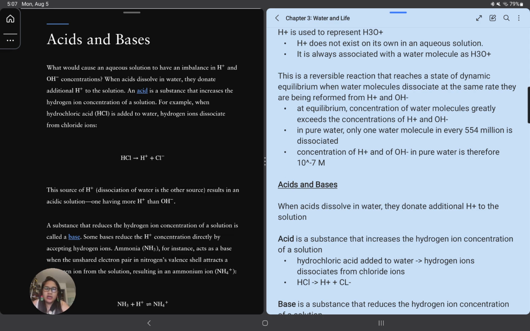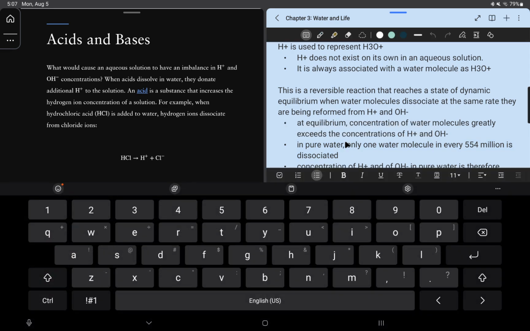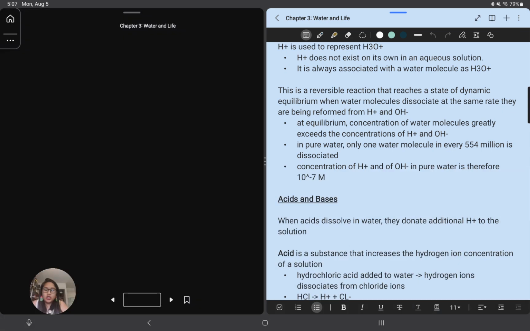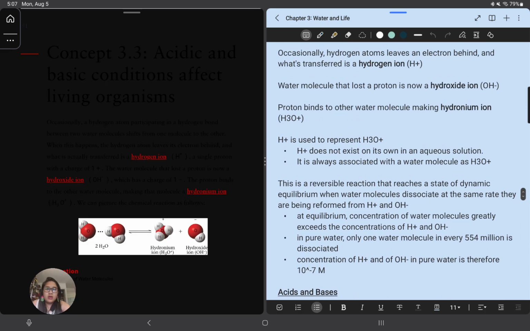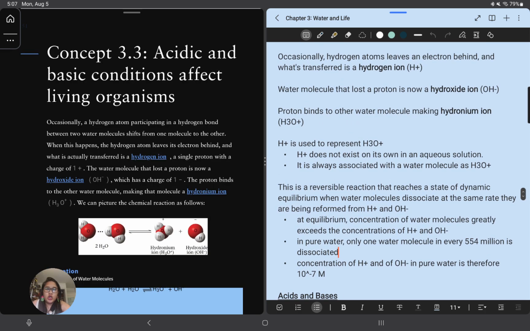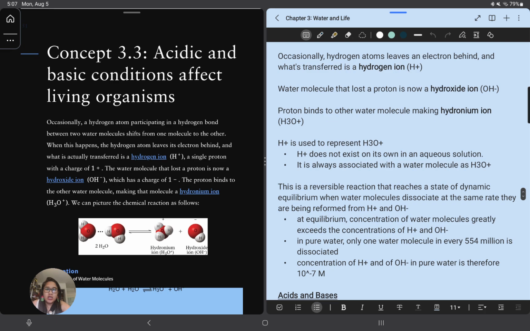So this part here, in pure water, only one water molecule in every 554 million is dissociated. I'm trying to wrap my mind around what this means. I'm not sure myself. Dissociation is when they separate, so when you get a hydrogen ion and a hydroxide ion.